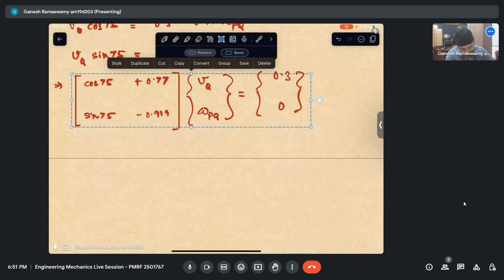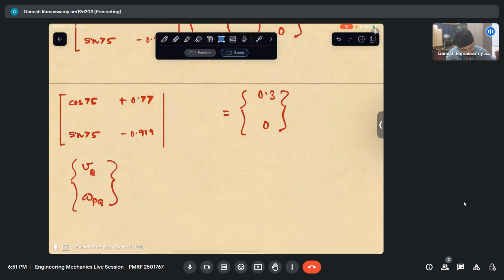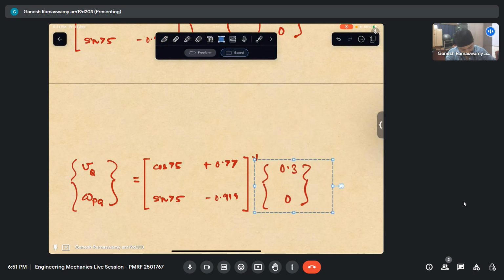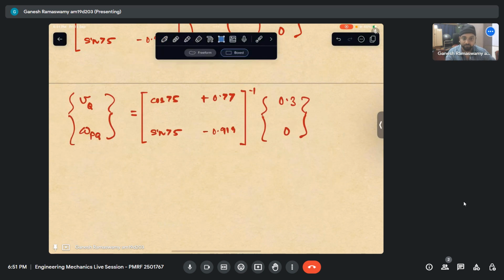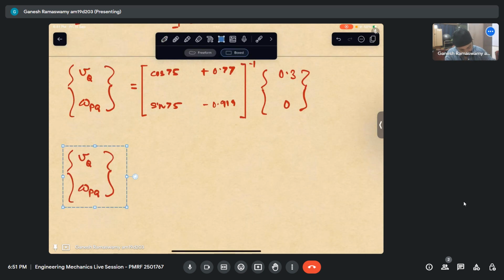So here, this will be equal to this inverse into this, which comes out as, what will this be? Cos 75, 0.77, sin 75, minus 0.919.